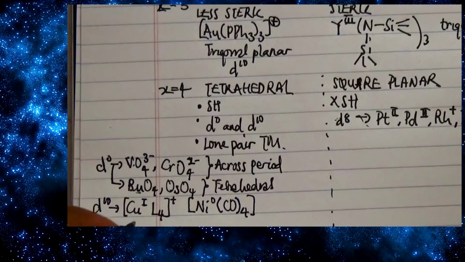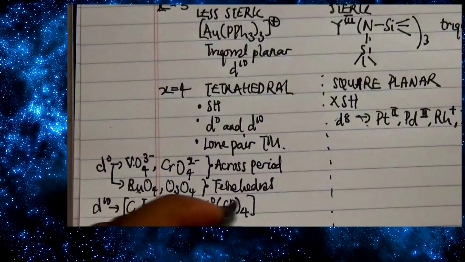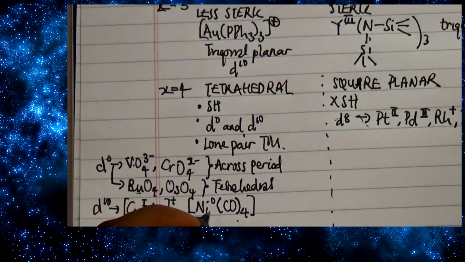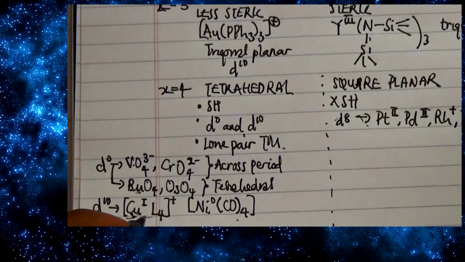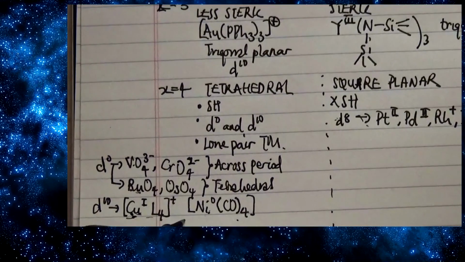So what we recognize is that while this goes from D11 to D10, well, this maintains its D10. So once you have D10 count in total for each of them, both of them will actually perform or exhibit a tetrahedral shape over here.